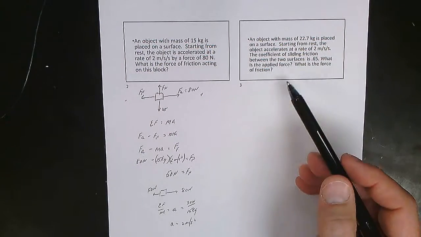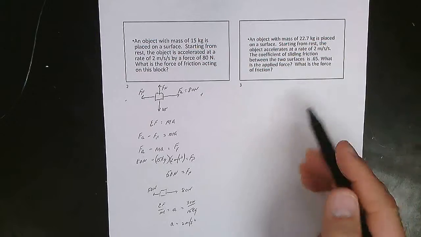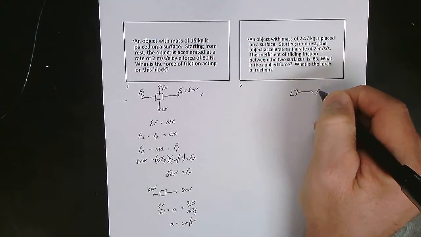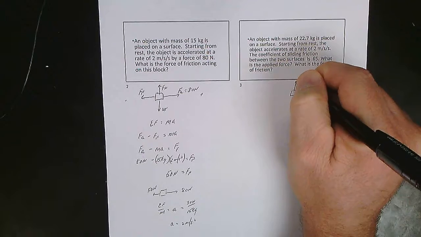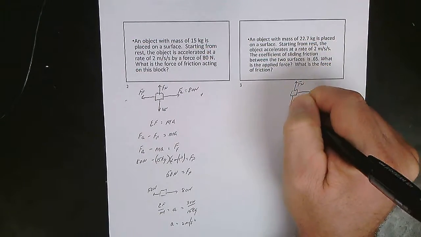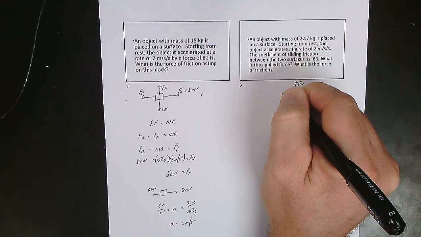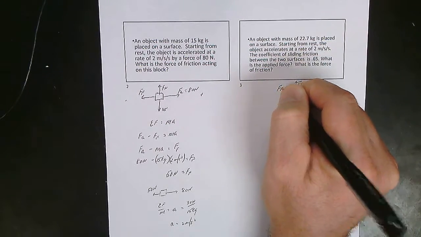So we've got a situation over here where my picture looks similar. I've got an applied force going this way. I've got a normal force pushing up from the surface. The weight of the object is acting downwards. And there's some friction force pushing back this way.